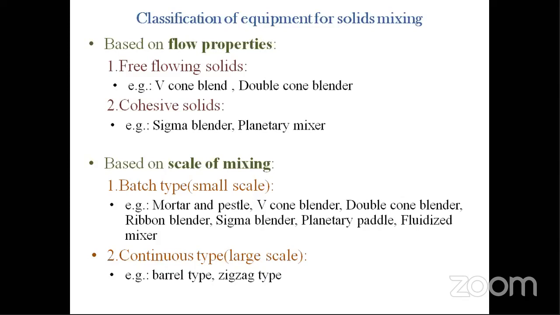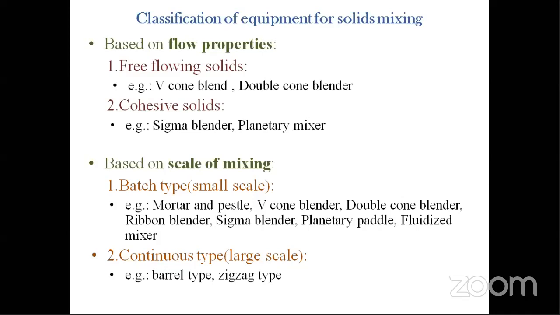Flow property means how freely the powders flow in between the other particles and in the mixing vessels. So depending on the flow properties, they are classified into two types. First one is the free flowing solids, okay, another is the cohesive solids, which are not free flowing, which create electrostatic charge with each other and make aggregates with each other. This is called the cohesive solids.